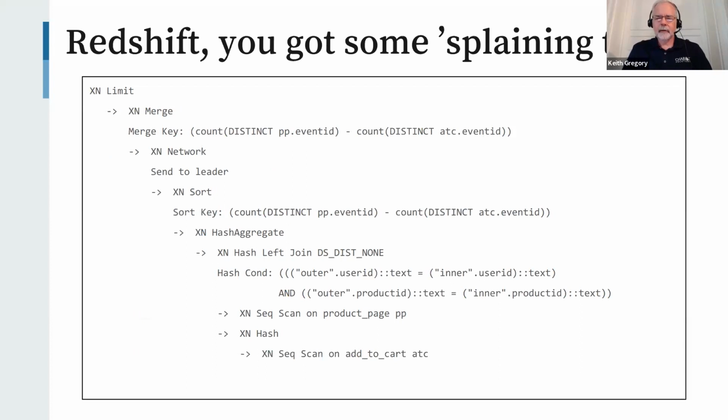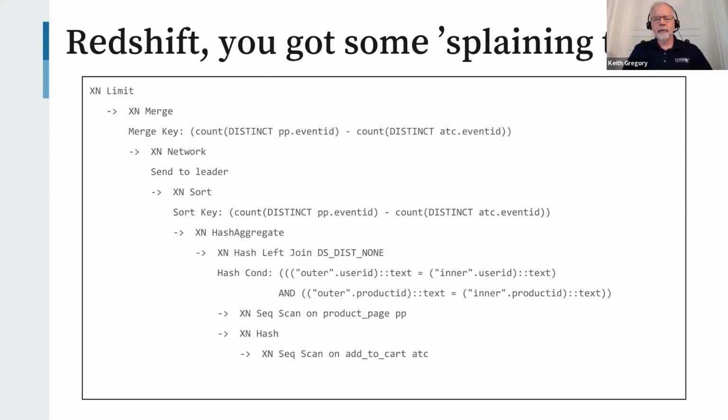A normal execution plan also gives you some statistics about the number of rows and the width of each row, and this cost figure that, even according to the Redshift documentation, bears no relationship to reality. Sometimes that's useful, but to really understand a plan, taking it off is the best thing.